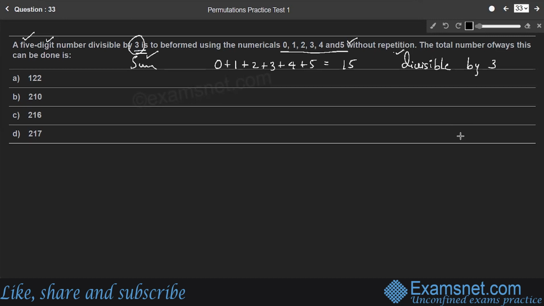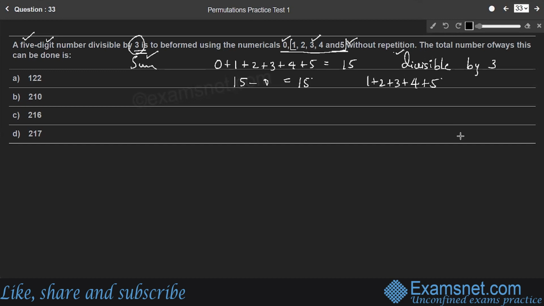So here the condition is you have to avoid 0 or 3. If you avoid 0, 15 minus 0 becomes 15, the sum of the remaining digits 1, 2, 3, 4, and 5 is 15. Then only you can form a 5-digit number.